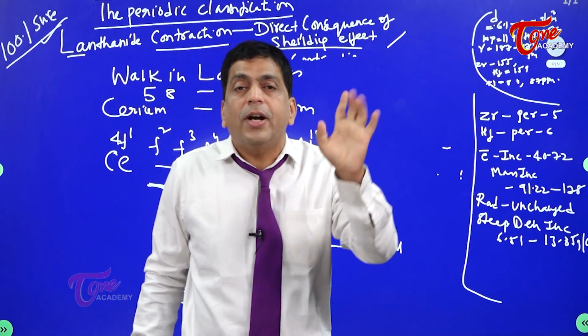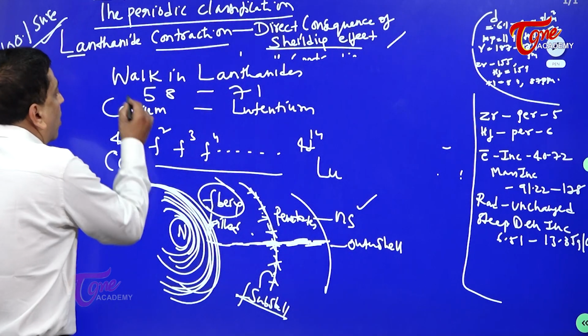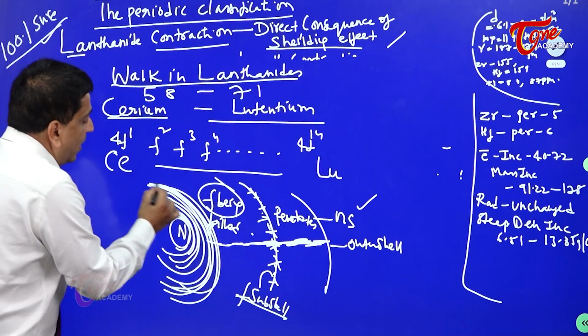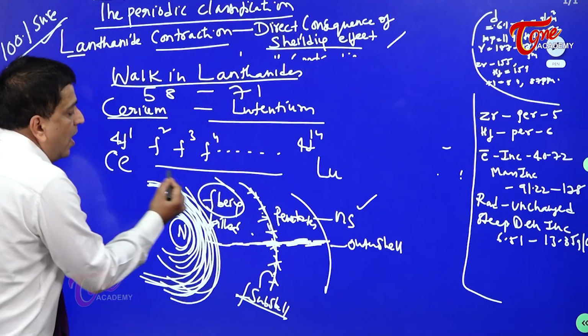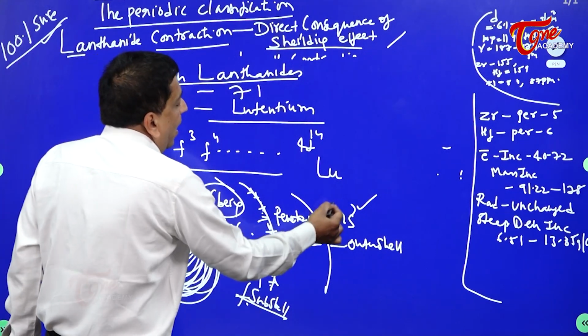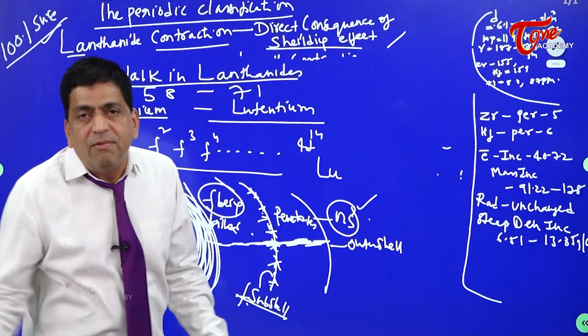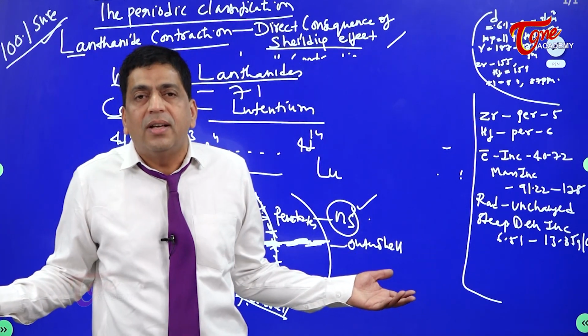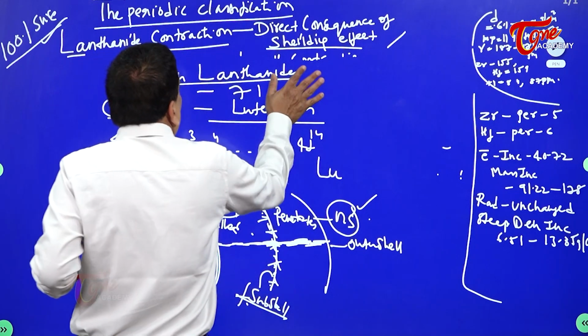You must understand. So when you walk in lanthanides from cerium to lutetium, the nuclear size increases, but the electron is actually added to F and not D, and the ultimate shell is being pulled inwards, resulting in contraction, which is called lanthanide contraction. So if you can define it, it is like this.